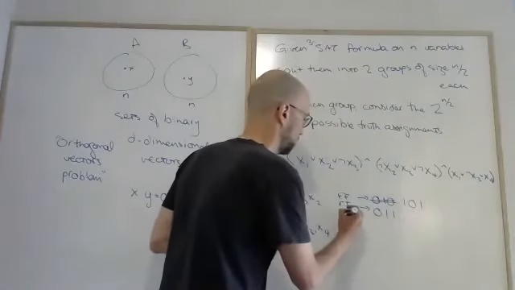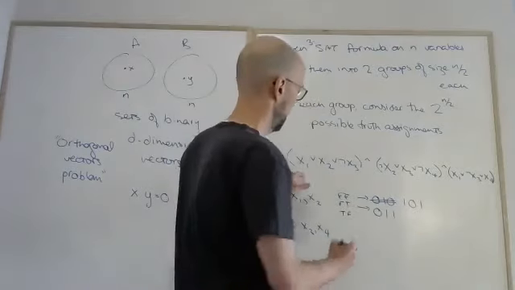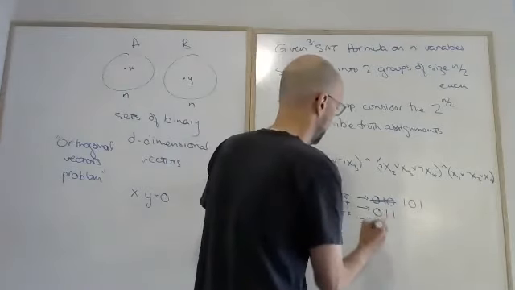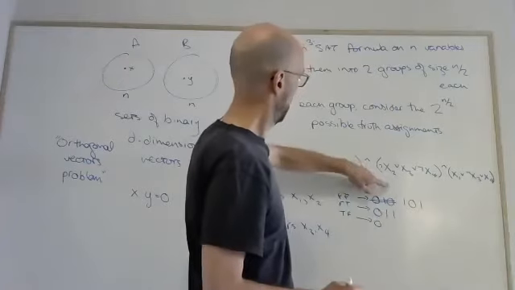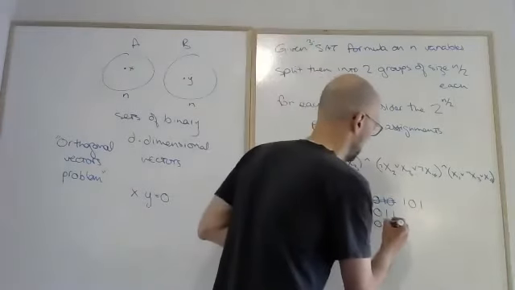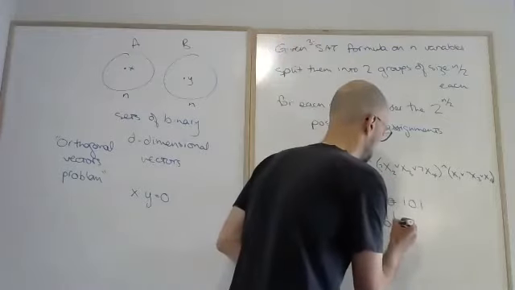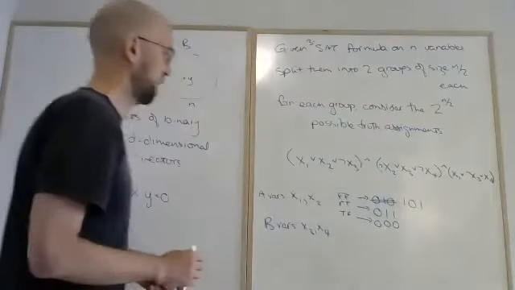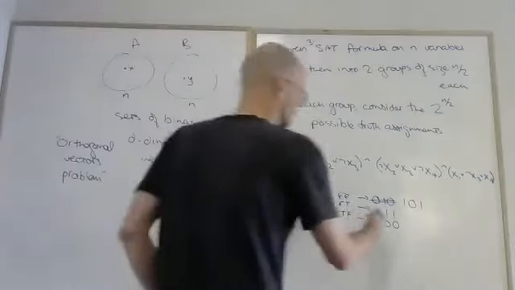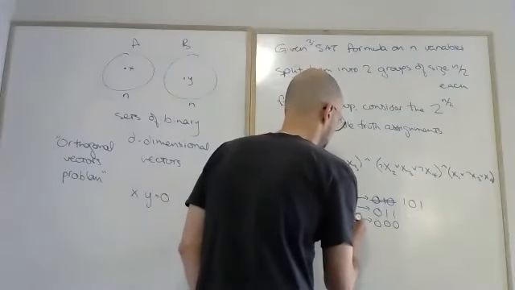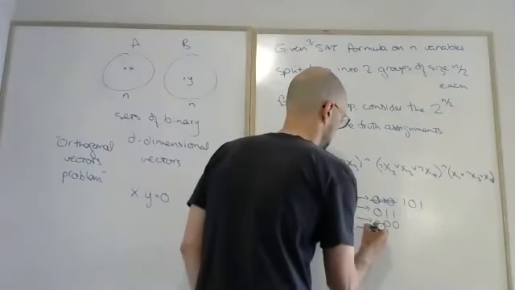And then true, false, it satisfies this one, it satisfies this one, and actually it satisfies this one. Okay, so this is going to be a bad example because this is boring. And then true, true.